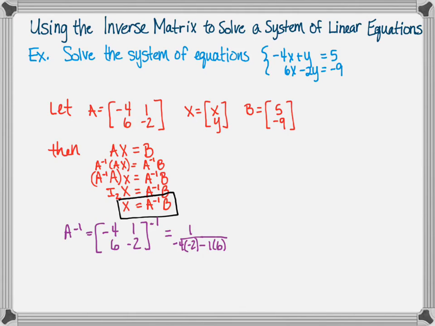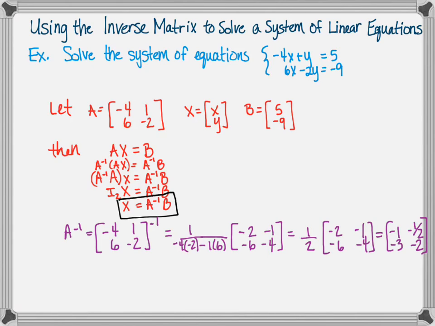So we can take 1 over negative 4 times negative 2 minus 1 times 6 times the matrix negative 2, negative 1, negative 6, negative 4. This simplifies to 1/2 times negative 2, negative 1, negative 6, negative 4, which is the matrix negative 1, negative 1/2, negative 3, negative 2. So this is the inverse of A.